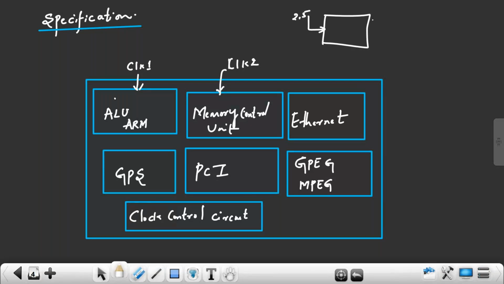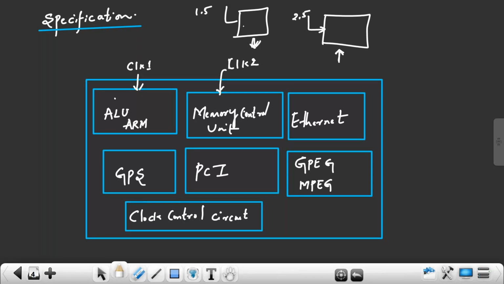It is going to have more power consumption. The IC which is working with 1.5 volts is going to have less power consumption. So this is going to drain the battery very fast. This is going to drain the battery a little bit slow.